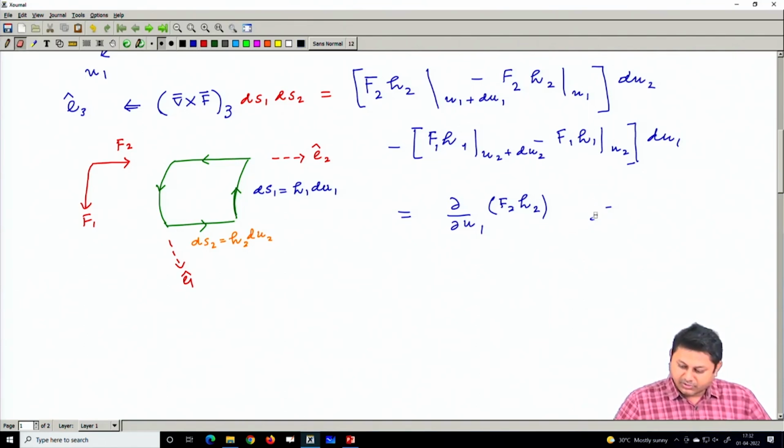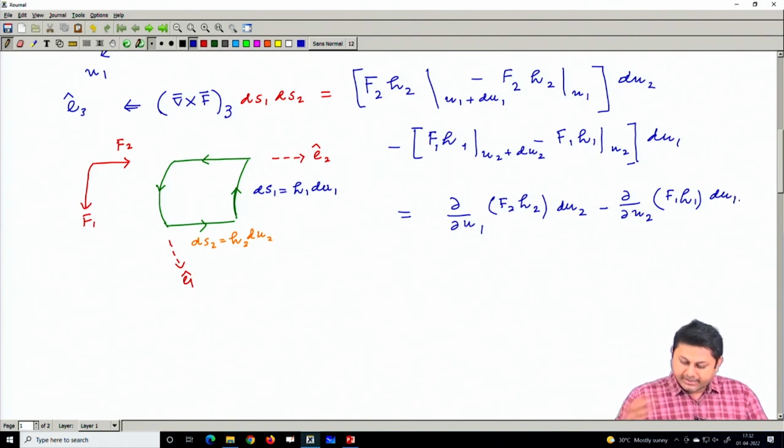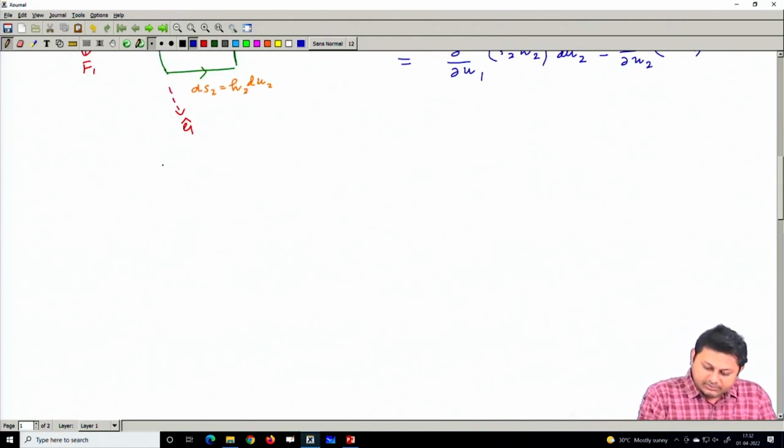There will be a multiplication of this quantity, dU2 and then minus of del U2 and then F1 H1, multiplied by dU1. Okay.